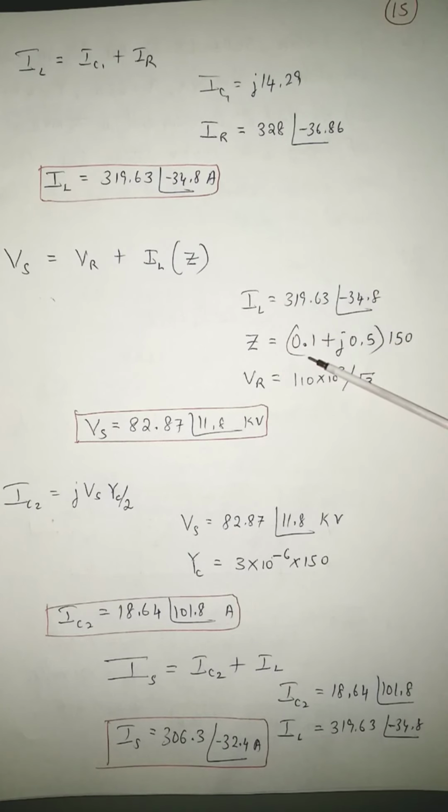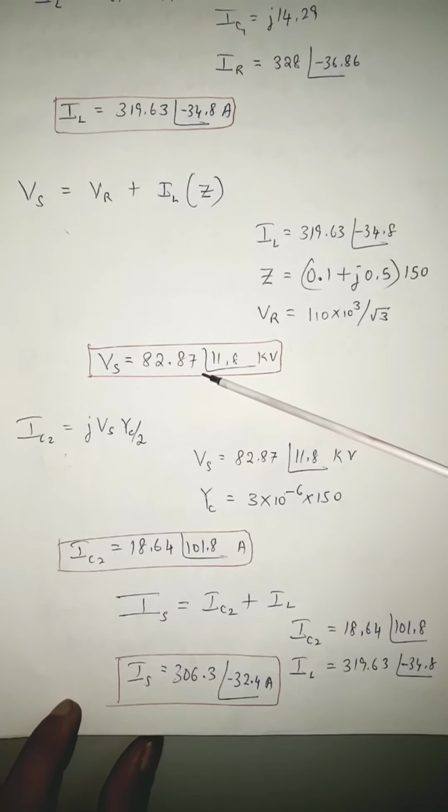Z, you know, is 0.1 plus j 0.5, R plus jX, multiplied by 150 because the line length is 150 kilometers. Whatever resistance and reactance are given are per kilometer, so multiply it with 150. Then VR already is known to us. Substitute all of them, you will be getting Vs.